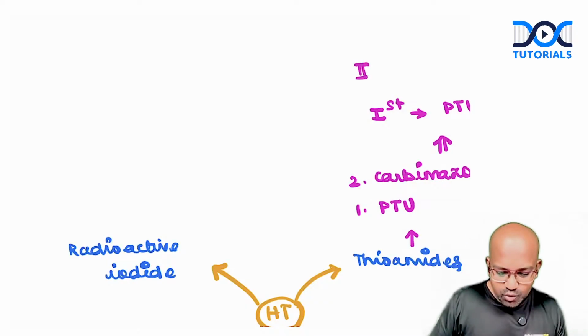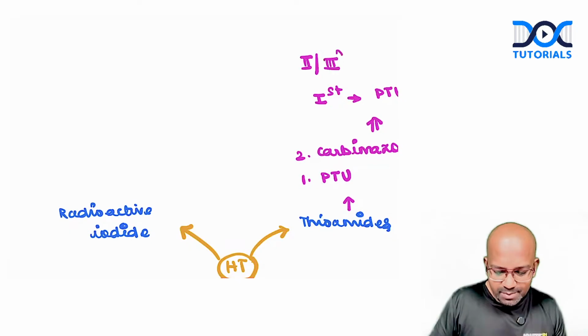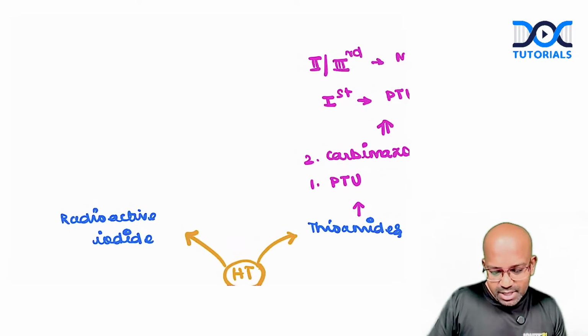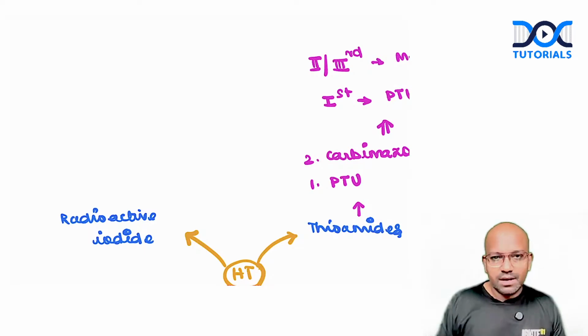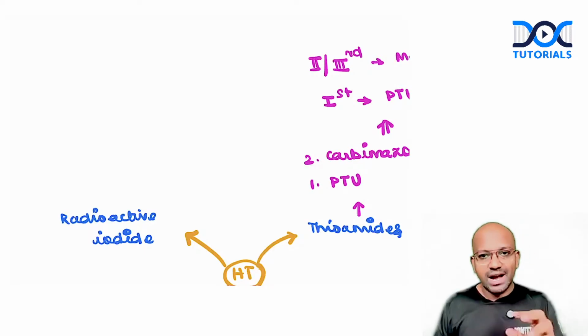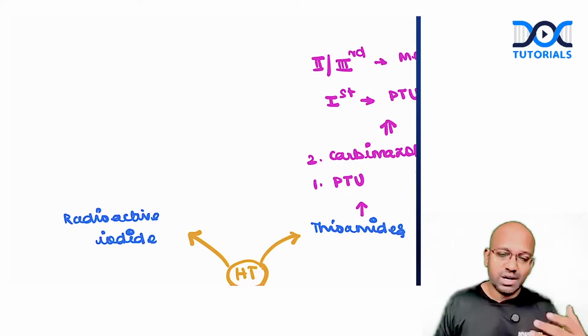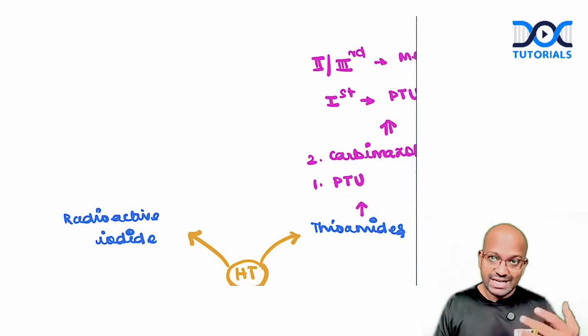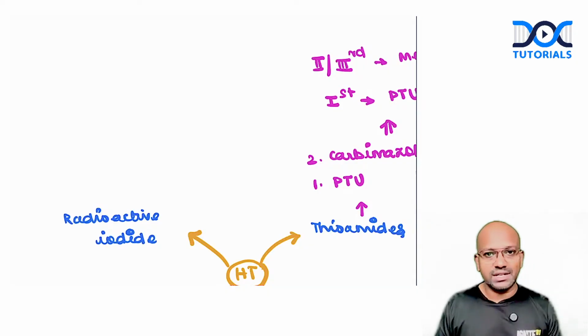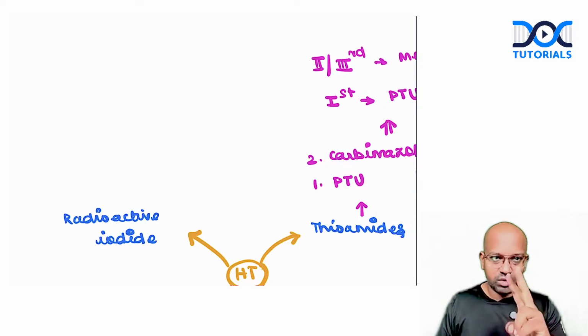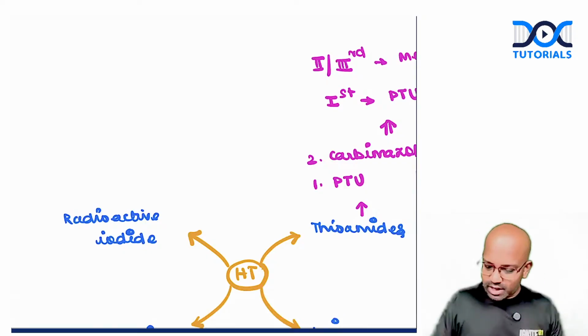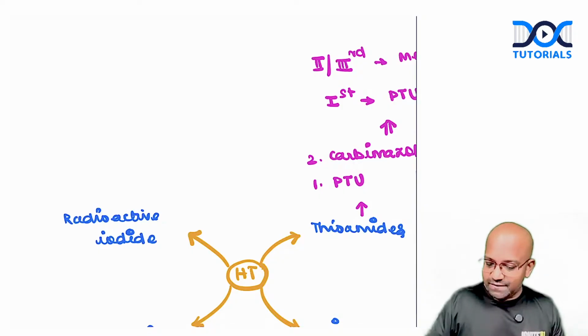If the patient moves on to the second or third trimester of pregnancy, methimazole or carbimazole can be administered. Now comes the famous question: why can't we administer carbimazole or methimazole in the first trimester? And why don't we usually administer propylthiouracil in the second or third trimester? Two important questions we have to find answers for. The first one, propylthiouracil, is better given during the first trimester of pregnancy.